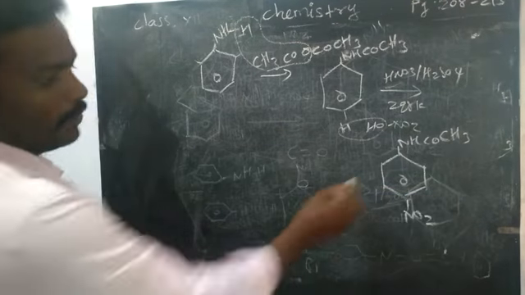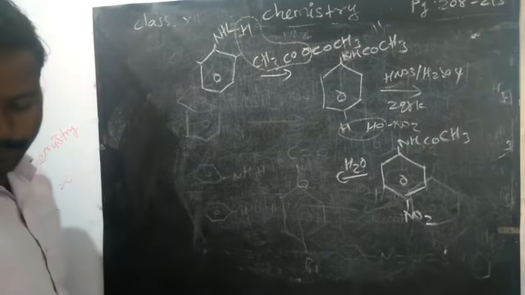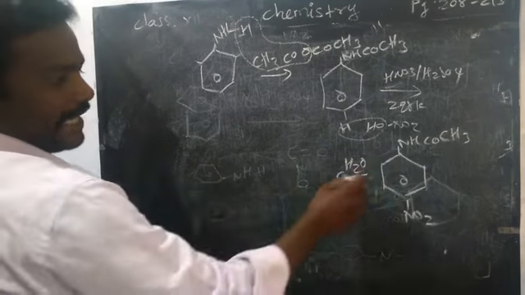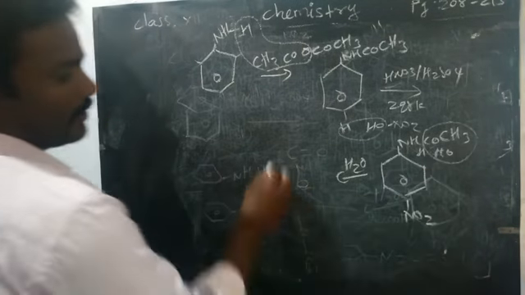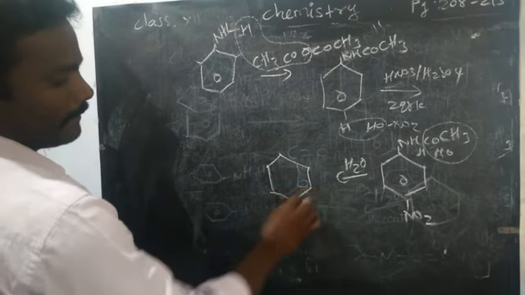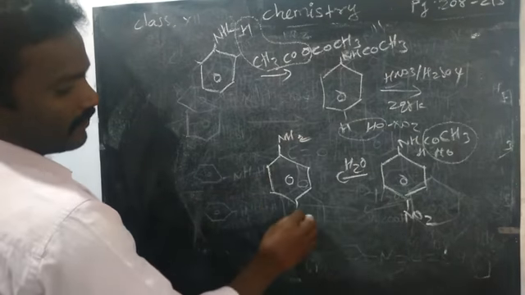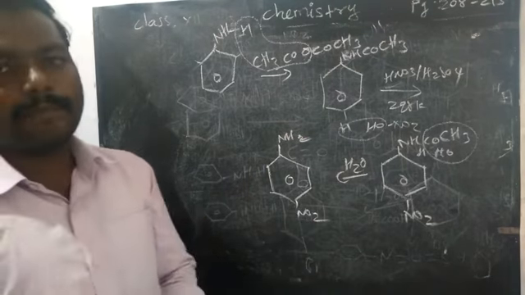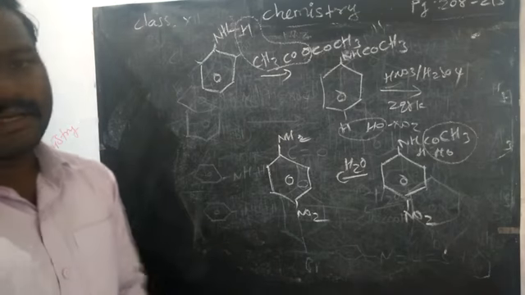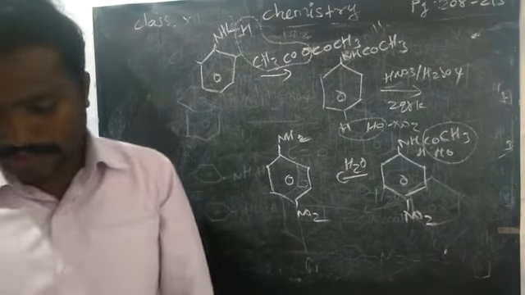Now if you take water, it will go as acetic acid, HOH. You can remove the acetic acid, and we will get NH2 aniline with nitration. So both mechanisms are the same, bromination as well as nitration. We have to inactivate the lone pair of electrons on the nitrogen.